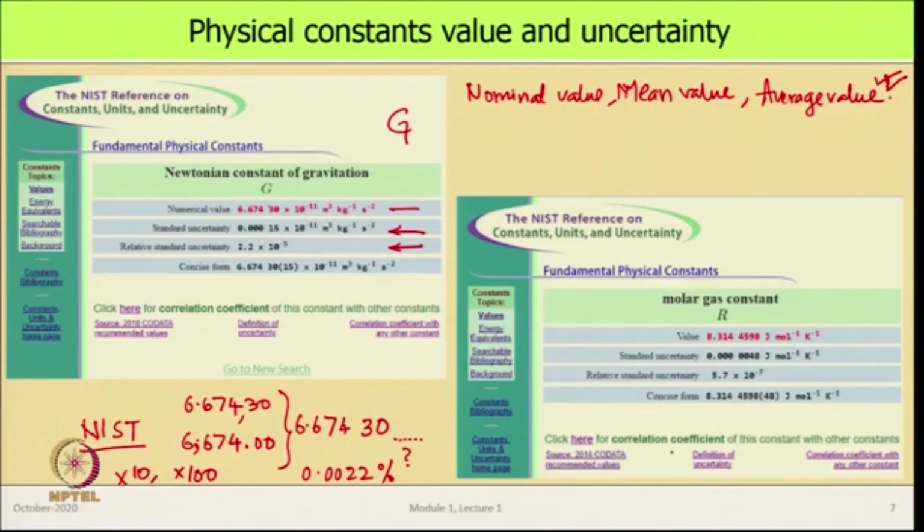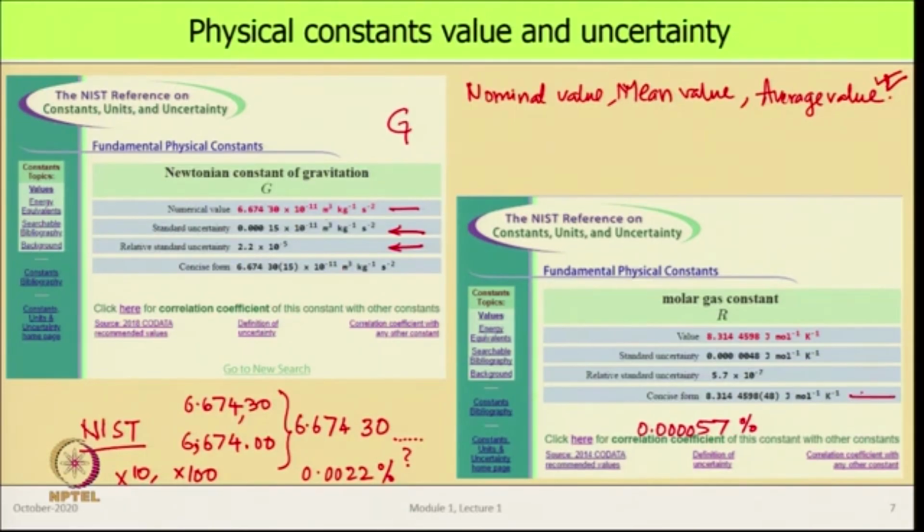The relative standard uncertainty is 5.7 into 10 to the power minus 7. This is the ratio of these two, so no units. And what it tells us is that if you make it a percentage, this will become 0.0000057%. Very small compared to anything we measure in our practical life.